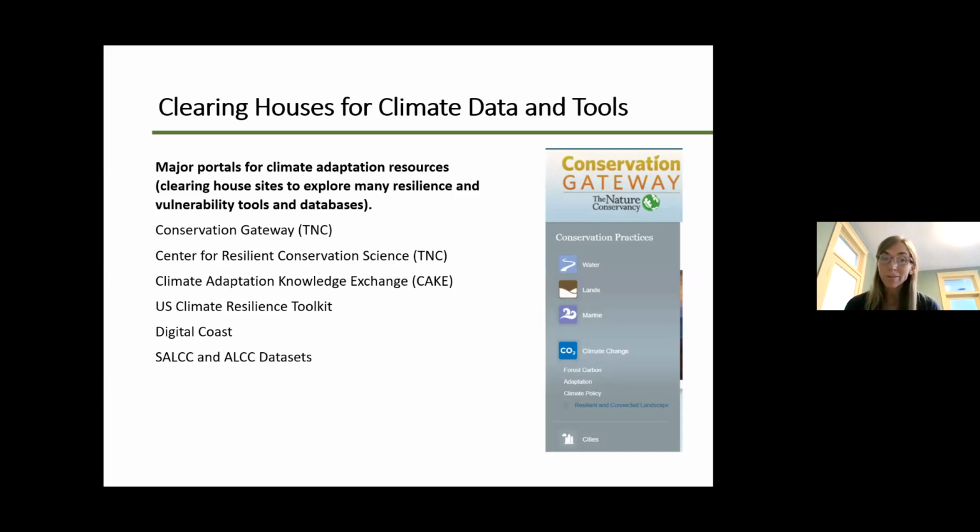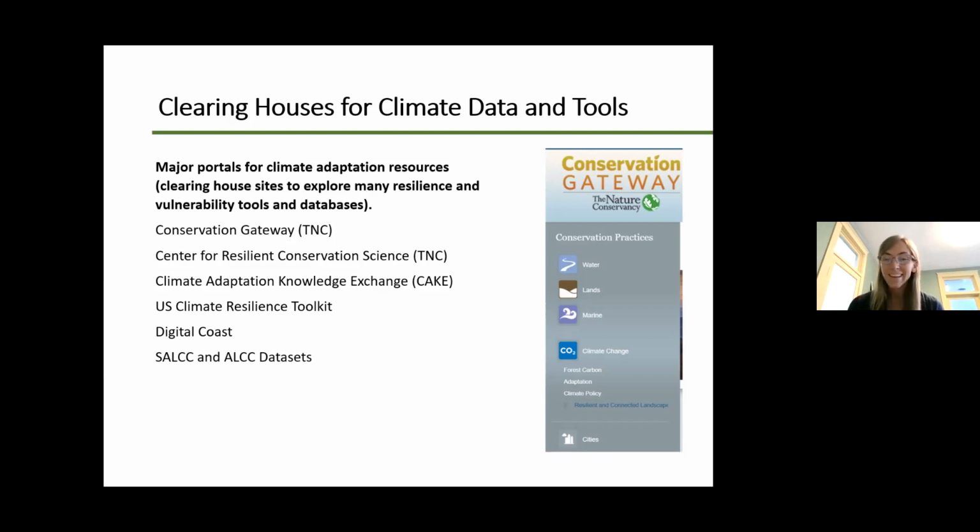We have the new Center for Resilient Conservation Science, also hosted by TNC. If you were on with Abby last week, you heard a little bit about the difference between these two sites. The Conservation Gateway may have more in-depth information, including the actual physical reports that some of the tools are built on. For coastal areas, we have NOAA's Digital Coast.